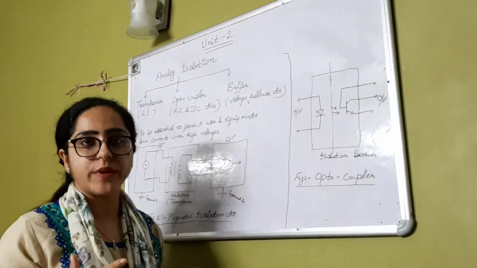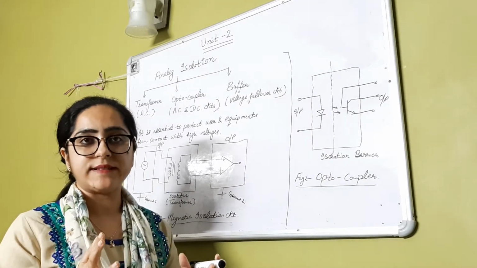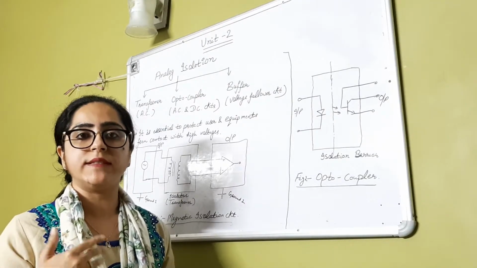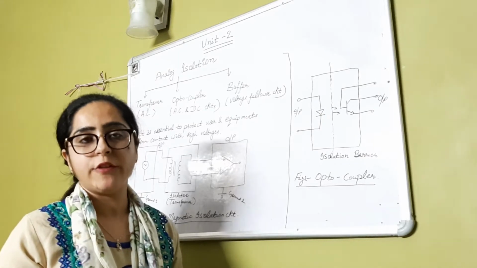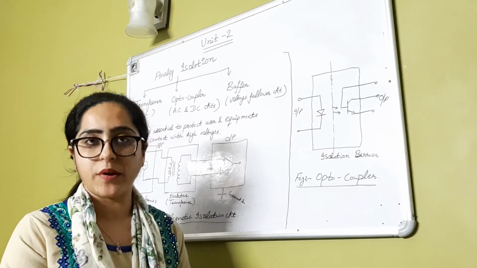Analog isolation is very much needed in the DAQ system, as this DAQ system is basically used in industrial applications, for any automated process, in any industrial process.